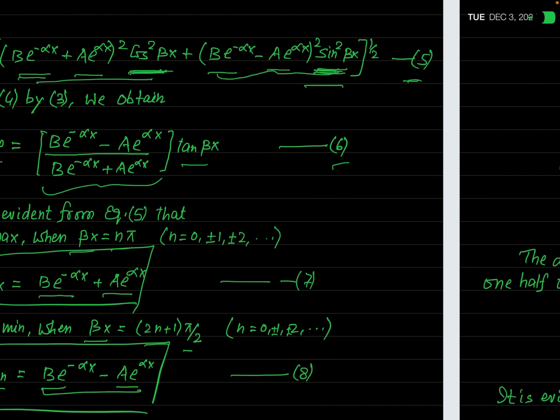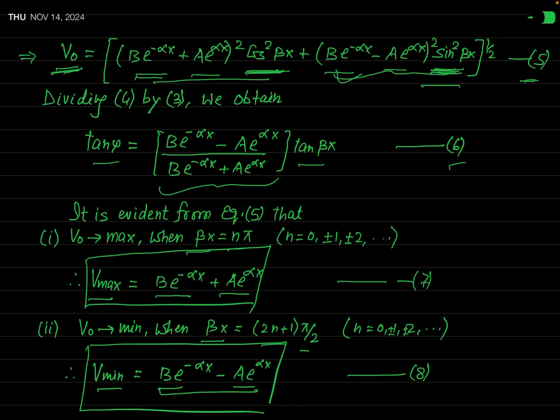In this condition, this second term will vanish because this is equal to this, and so the second term will be 0. And in the first term, instead of A times e to the power alpha x, now you can write B times e to the power minus alpha x, because this is our supposition.